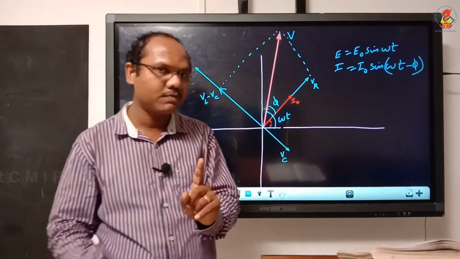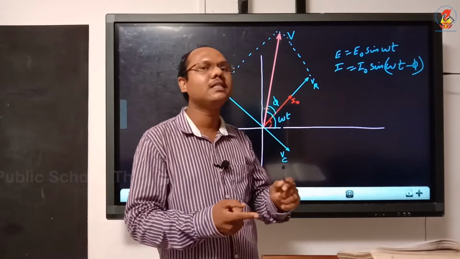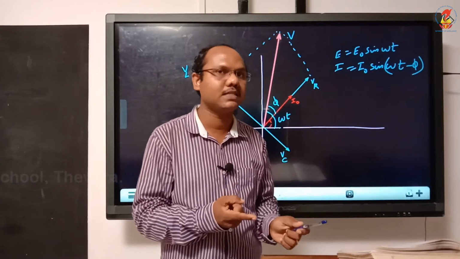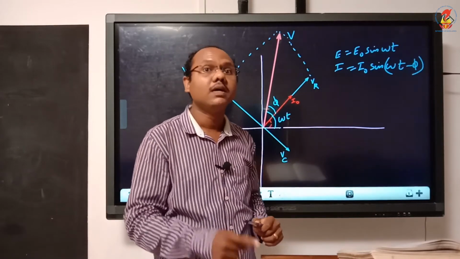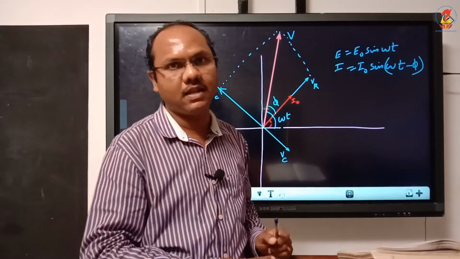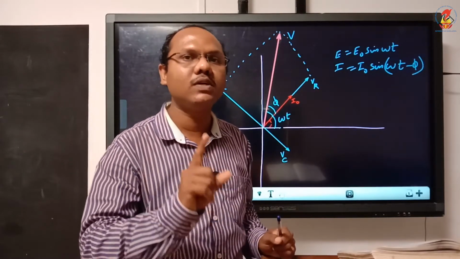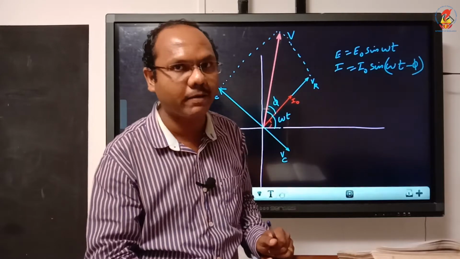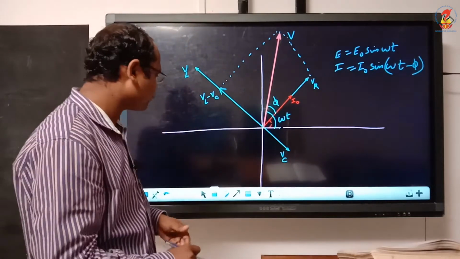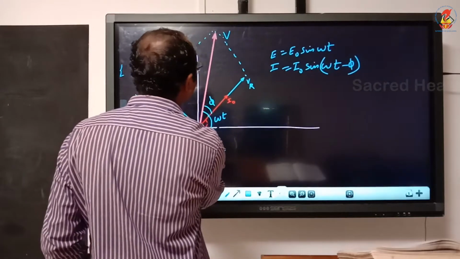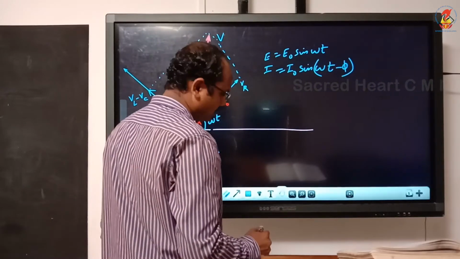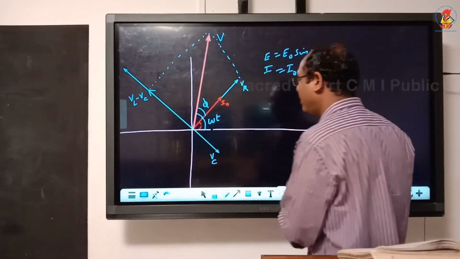Okay, I repeat once more. In this graph, it was VL greater than VC, so current lags by an angle phi. If VC is greater than VL, then the current would lead by an angle phi. So from here, I can derive the expression for the total resultant voltage.